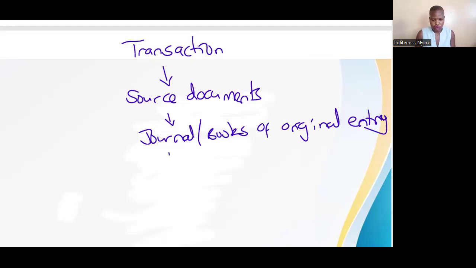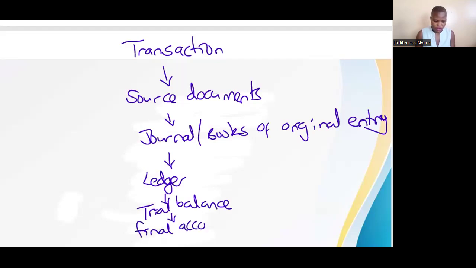We are still talking about one and the same thing. Then we have the ledger and trial balance. And lastly, we have the final account. So this is the accounting cycle that we have.